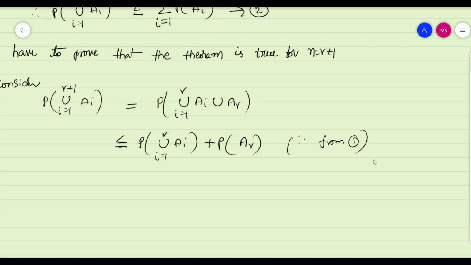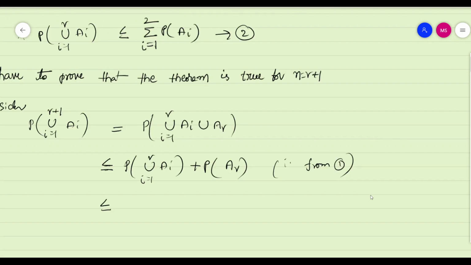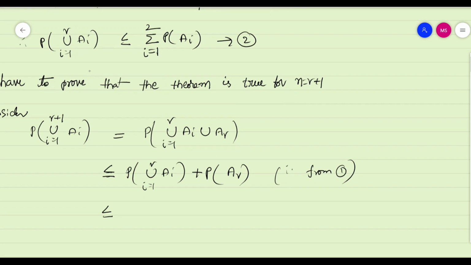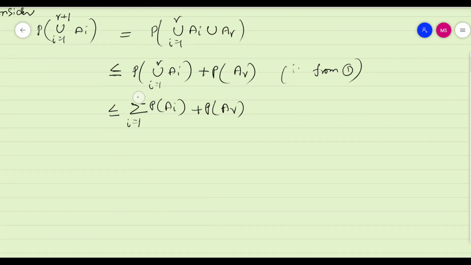Now from equation 2, let us suppose that P of union i running from 1 to r Ai is less than or equal to summation i running from 1 to r P of Ai, plus P of A(r+1).